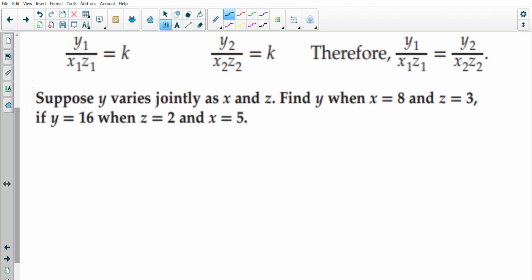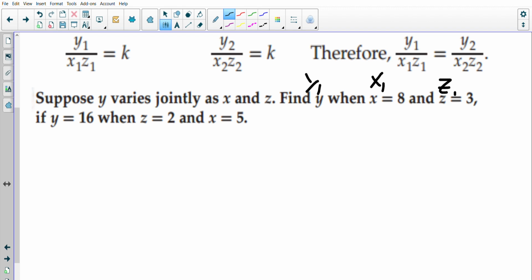So we have, suppose y varies jointly as x and z. Find y when x equals 8 and z equals 3 if y equals 16 and z equals 2 and x equals 5. So again, let's just say this is y sub 1. We have x sub 1, z sub 1.